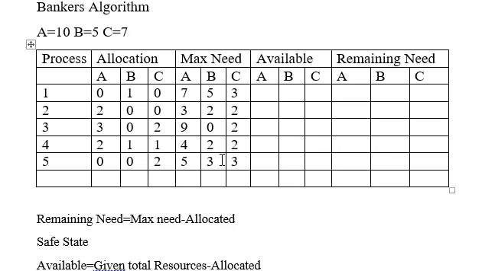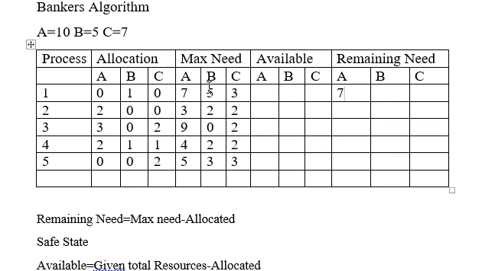So the first thing that we were doing till now was to calculate the remaining need. You can do the same thing here as well. For each resource it will be a separate remaining need. So for resource A of process 1, it would be max need minus the allocation. Its max need is 7 and its allocation is 0, so it will be 7.